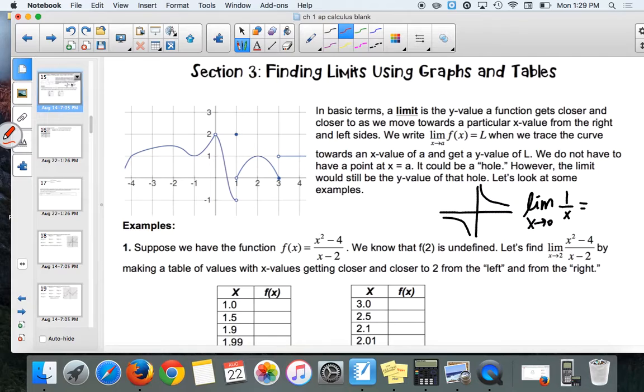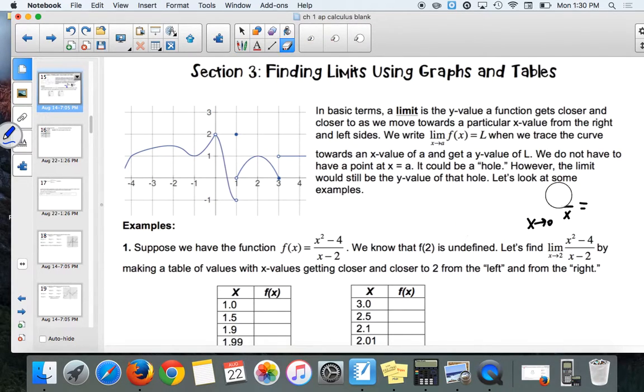Infinity. But as I take my left hand and get closer and closer to 0, what y value do I get closer to? Negative infinity. Do they go to the same thing? No. So that's why the limit does not exist. Didn't she think really, really hard about that question? It seems like it's going to be a really hard question in the movie, doesn't it? But it's not. It just does not exist.